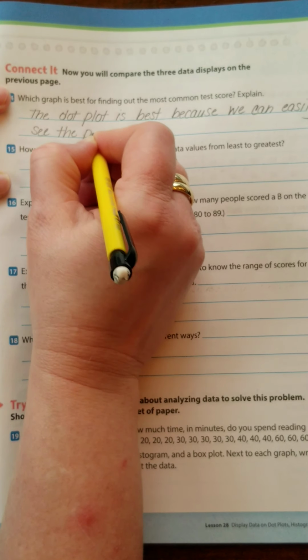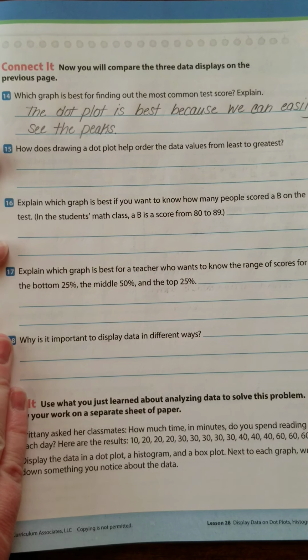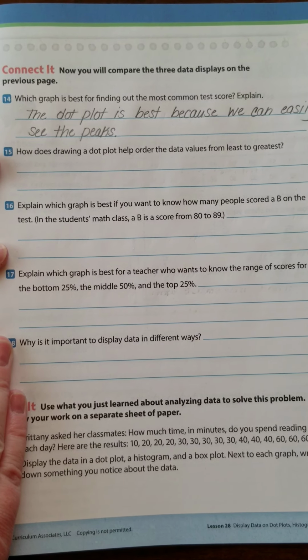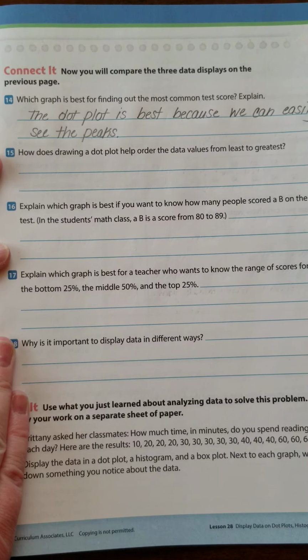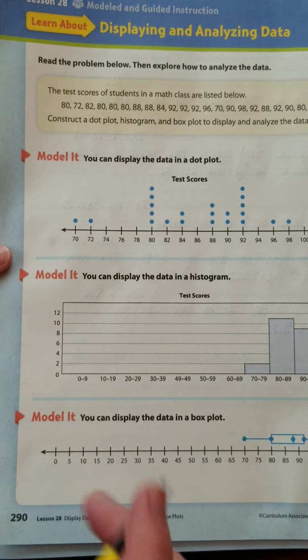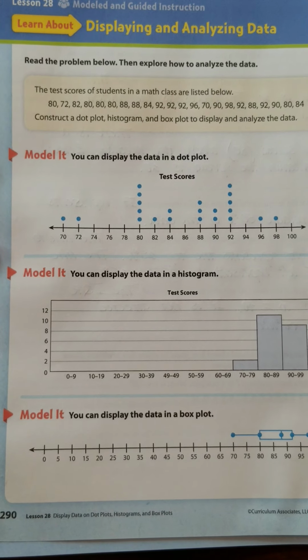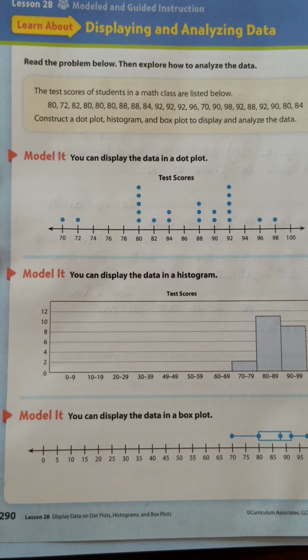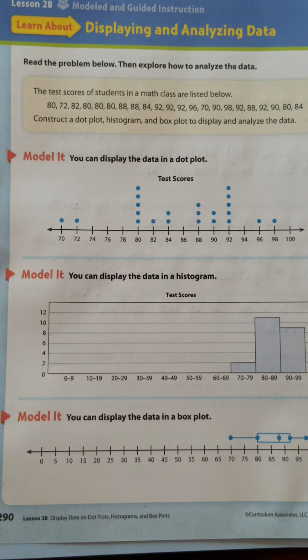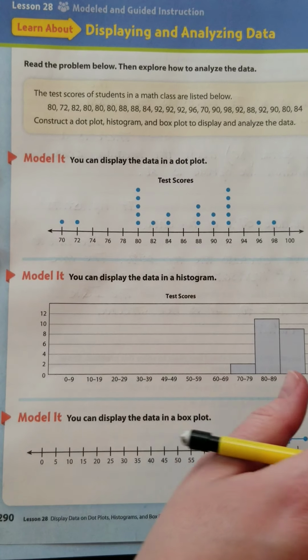Okay, moving on to question number 15. Question number 15 says, how does drawing a dot plot help order the data values from least to greatest? So how does making this dot plot here help us order our data values? I think the best way to answer that is that dot plots show individual data arranged from least to greatest.